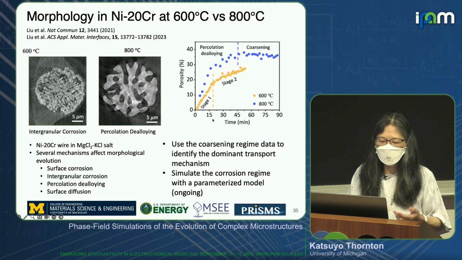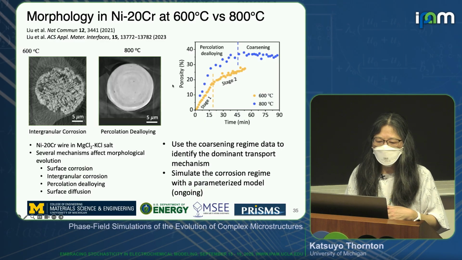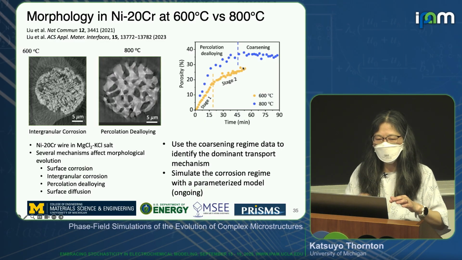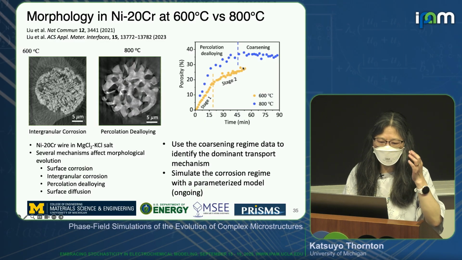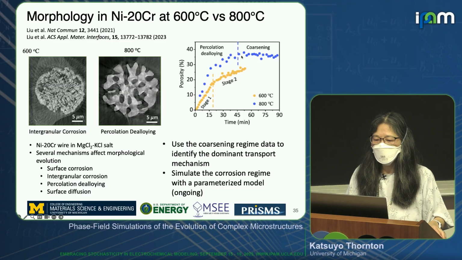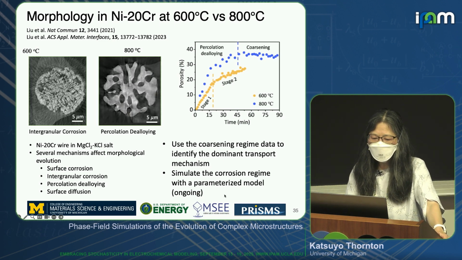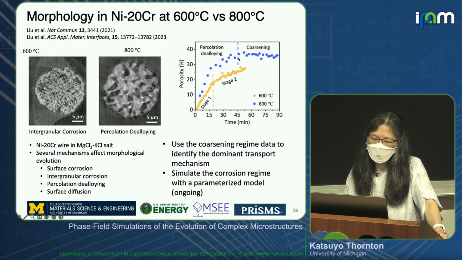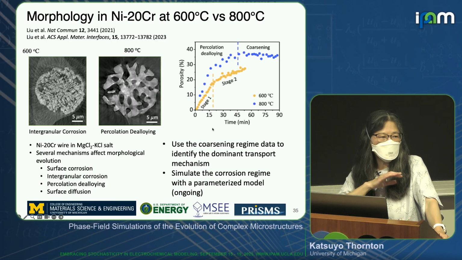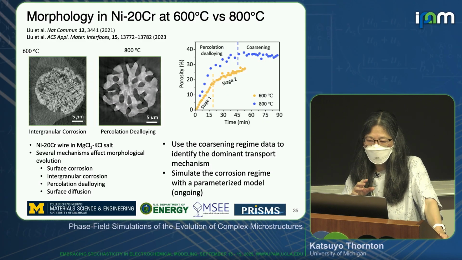So there's usually this rapid corrosion that happens, and then at some point the porosity kind of gets saturated, and that's because nickel is relatively stable, and then you have this coarsening that takes place. So this really is in an intermediate stage, it's actually both coarsening and the corrosion happening at the same time.